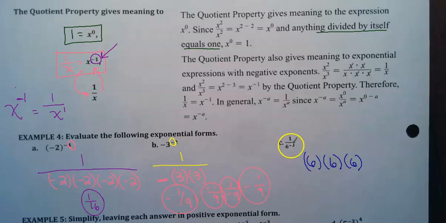It's telling us the negative is in the wrong place, so where should it go? It should move up to the numerator. And when there's nothing left in the denominator, we always just have a 1 there, right? All whole numbers.